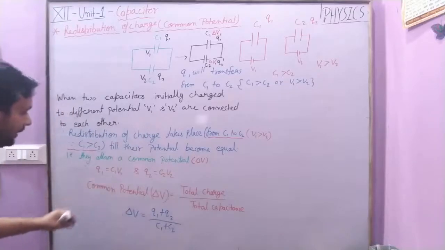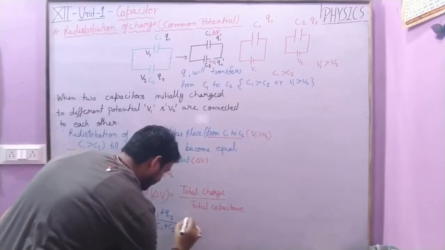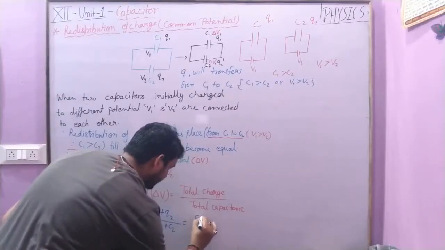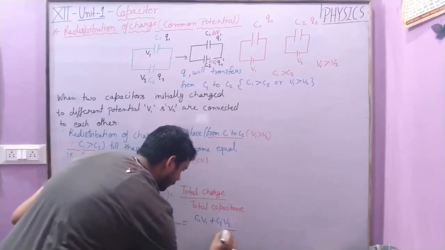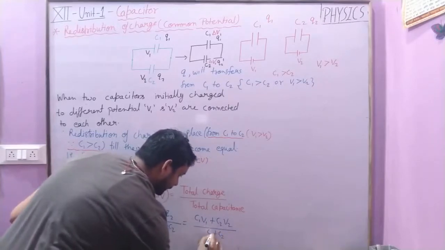Here we have the values for Q1 and Q2, so delta V is equal to (C1 V1 plus C2 V2) upon (C1 plus C2), okay.